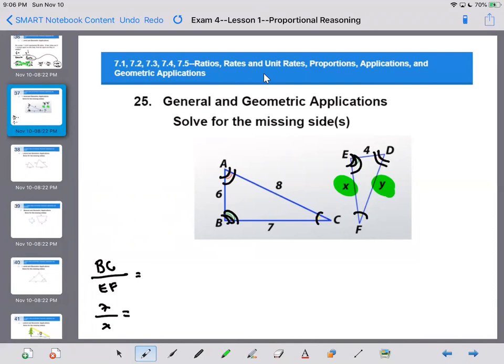D has 2 rings, E has 3 rings, so 2 rings to 3 rings, that would be DE, and we're going to compare that to AB. A has 2 rings, B has 3 rings, so that would be 4 to 6.